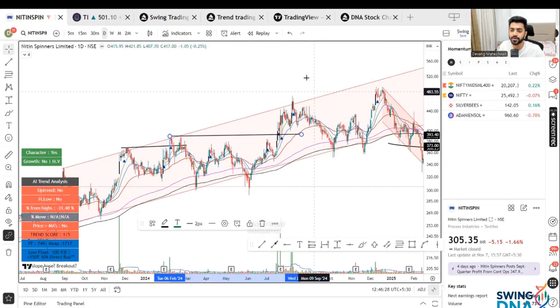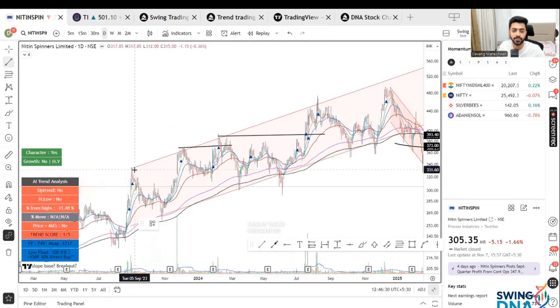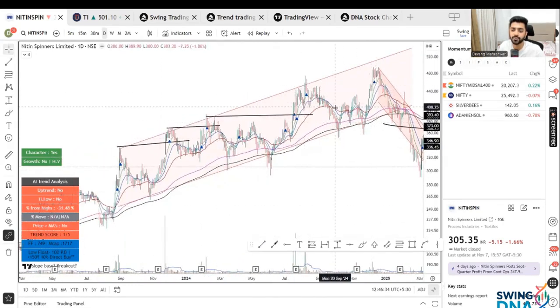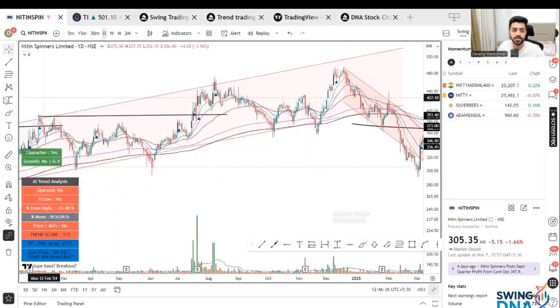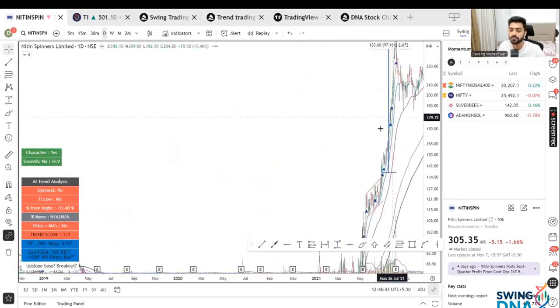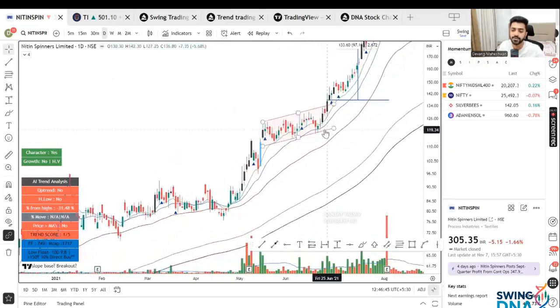Okay, kind of failed. Here it moved up, failed. So this is kind of thin. Then this is all of no use unless it breaks out or we get some far away entry. Look up, sometimes these are like this small, very, very close ranges of breaking out, moving down, breaking out, moving down.